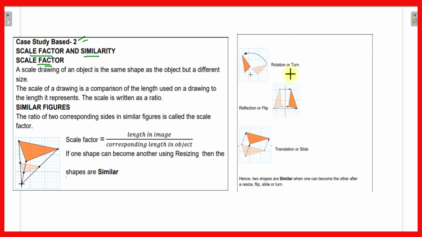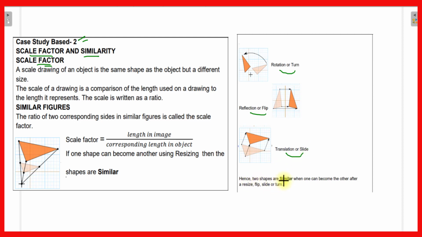And here it is also given as an additional thing that even if you rotate or turn the similar figures, or if there is a reflection or flip of the similar figures, or there is a translation or slide of a similar figure, then it doesn't affect the similarity of the 2 figures. So it will remain similar figures only.